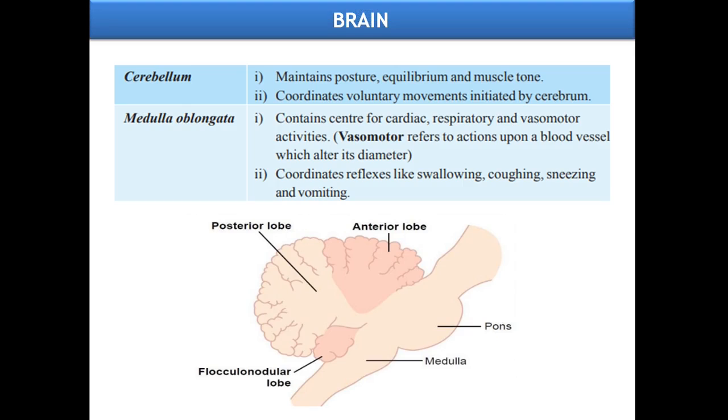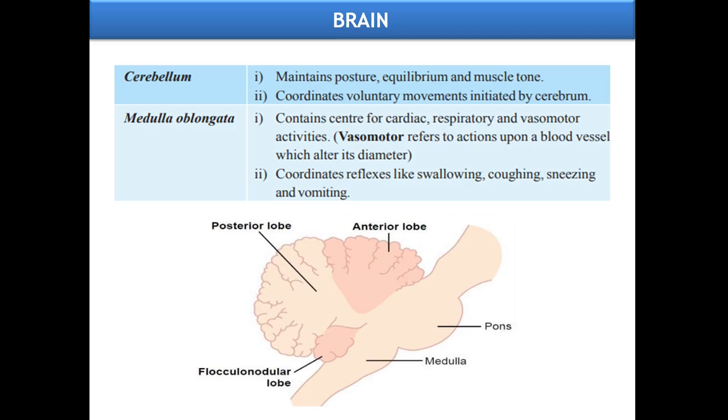Hindbrain. It consists of two parts, that is cerebellum and medulla oblongata. The cerebellum is located below the cerebrum and above the medulla oblongata. It consists of two large cerebellar hemispheres. The functions of the cerebellum are that it maintains the posture, equilibrium and muscle tone.